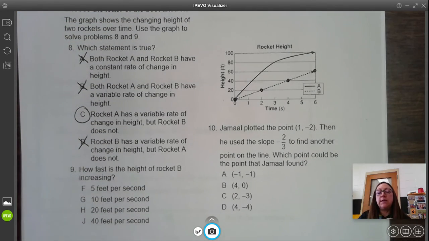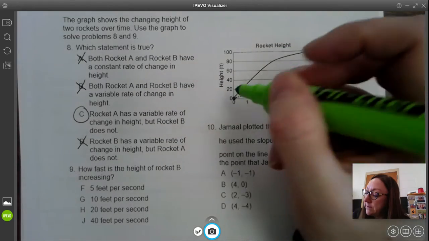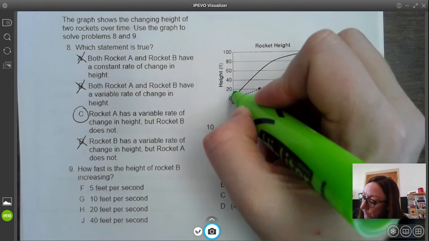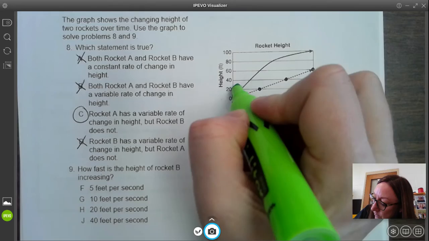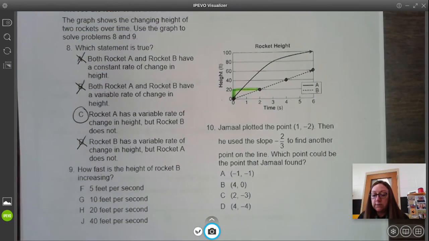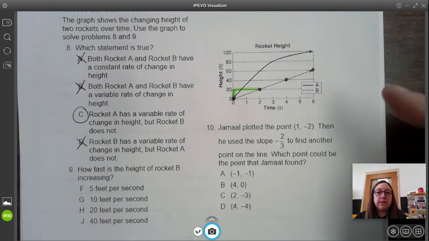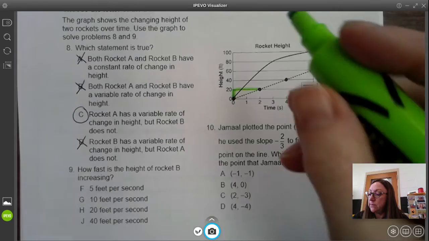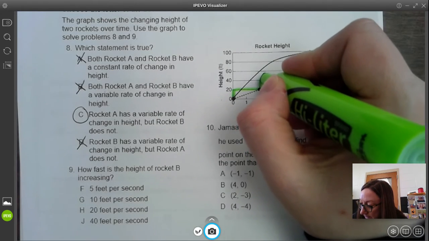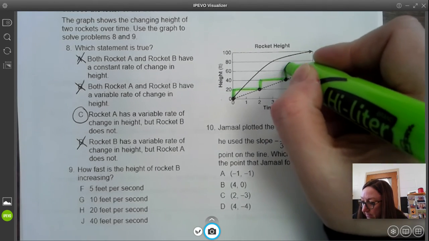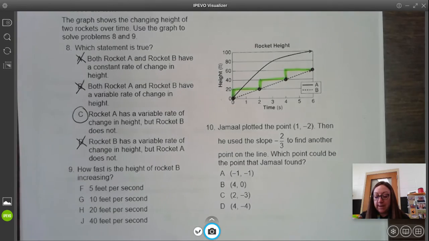So to figure out the slope the most effective way, I'm just going to find the slope between the two closest points. So I'm going to start down here from this point, and I'm going to count rise over run to the next point. Now, rise over run is going to be the same for each one of these. We talked about this the other day, how it's like a staircase, right? Rise and run are always going to be the same.